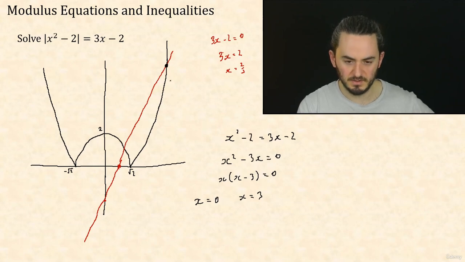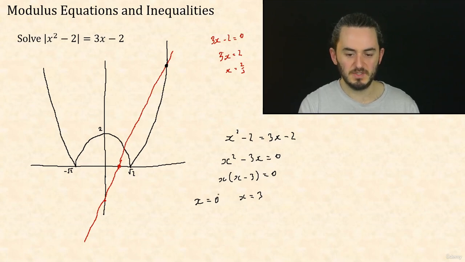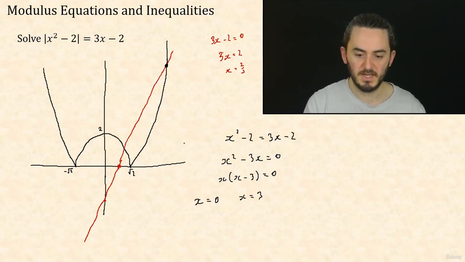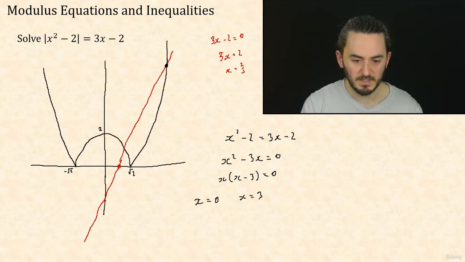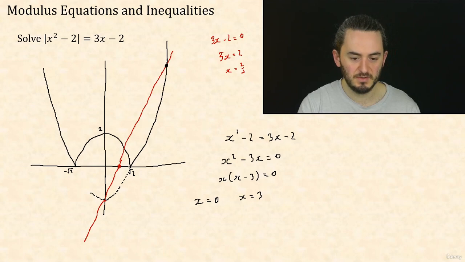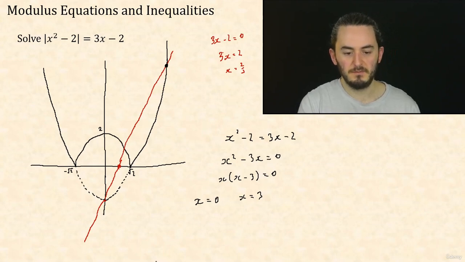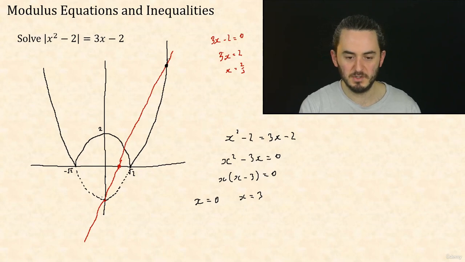Well, hold on a second. I'm only expecting one solution at this point. So which one is it? Well, it's clearly not x equals 0. But where did that come from? That came from the fact that algebraically we set up x squared minus 2 equals 3x minus 2, which is basically like saying the algebra almost continued this down and then found this solution here, because that is where x squared minus 2 intersects the red line.